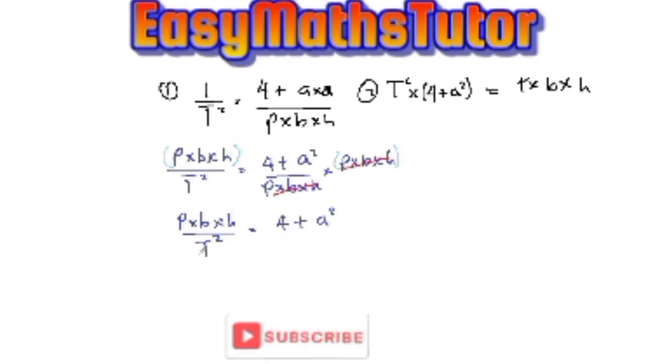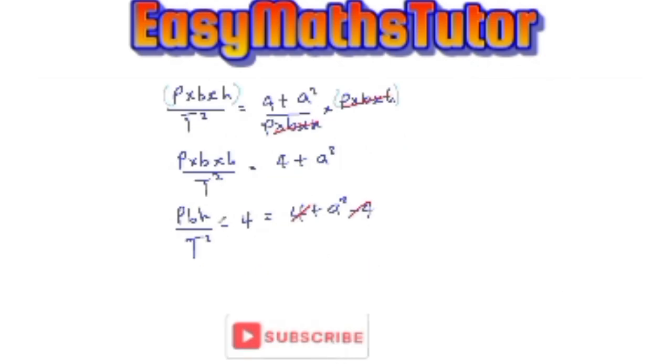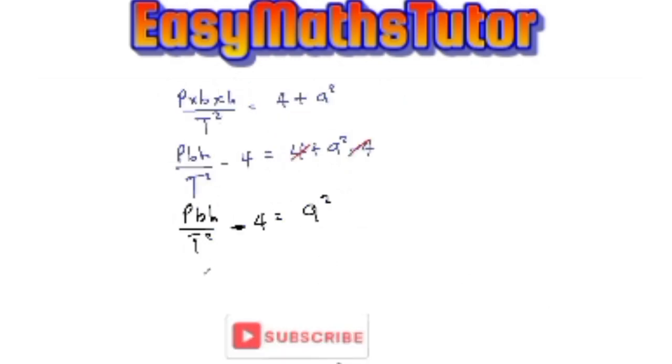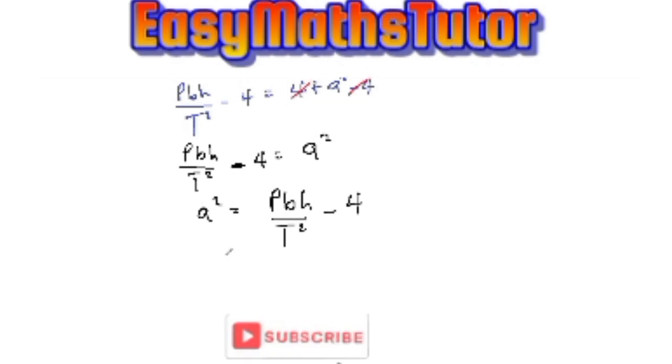How do we make sure that we have only a on one side? We'll say pbh over t square minus 4. We're going to subtract 4 from the left hand side and the right hand side, leaving us with only a square on the right hand side. So in order for us to have just a on one side, we'll have to find the square root of a square.